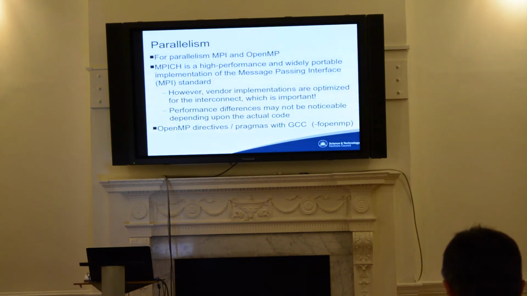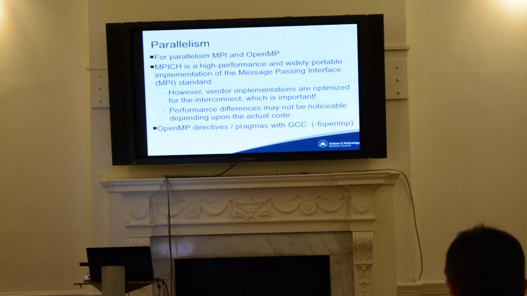Ultimately, if you have a version of MPI that's optimized for the interconnect, then you're going to get better performance. So unfortunately, sometimes it's not best to use the open source MPICH in this scenario, and the better approach is to use the vendor's implementation. But it may not be such a big issue if you're not using many cores, or if you're on a system with a less advanced interconnect.